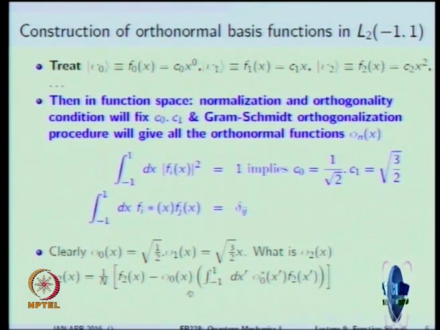Don't want to confuse. Is that okay? -1 to +1, because that's the vector space of square integrable functions, L2 of -1 to +1. So you take the inner product of the state f2 along phi naught in function space, or in the wave function notation.